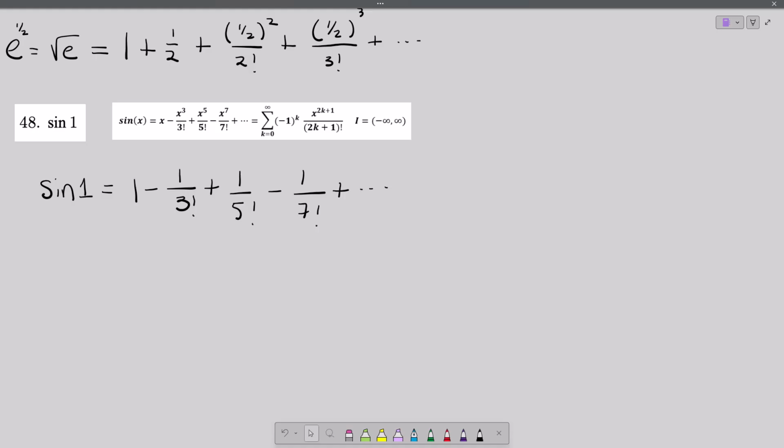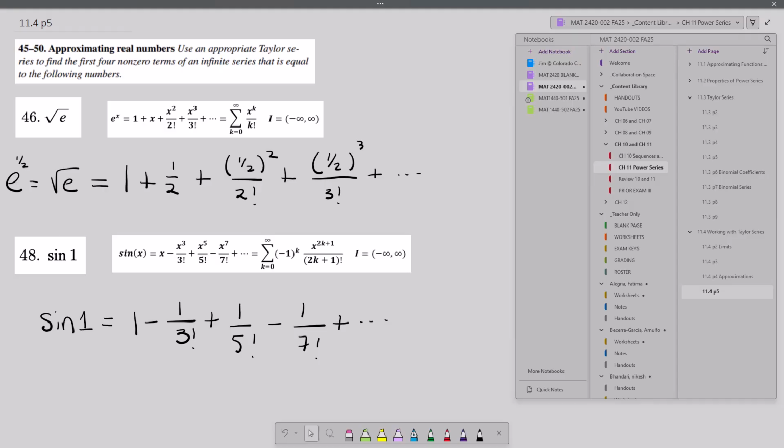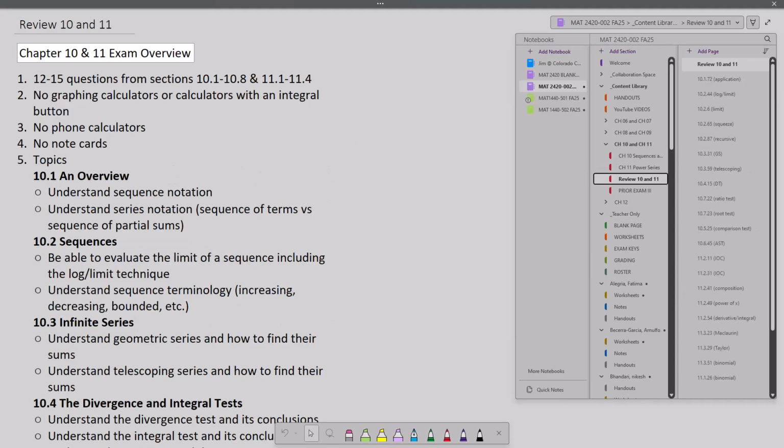Okay, so that's it. We're done with the hardest chapter. Any questions on any of these examples? The test will be Thursday, and we'll spend the rest of the day doing review problems. So the review exercise is here.